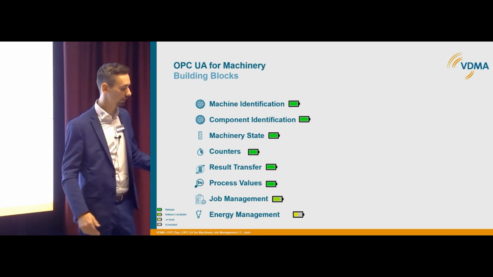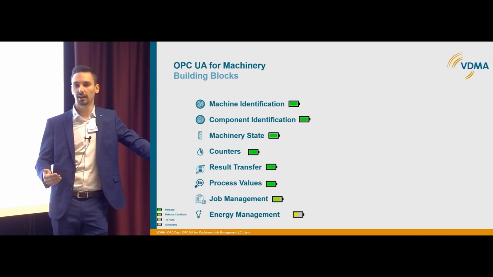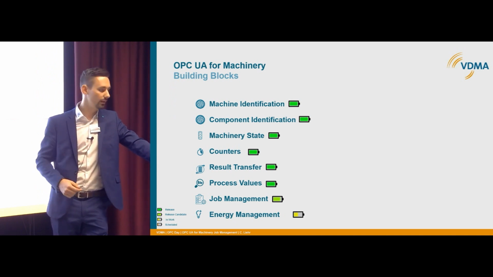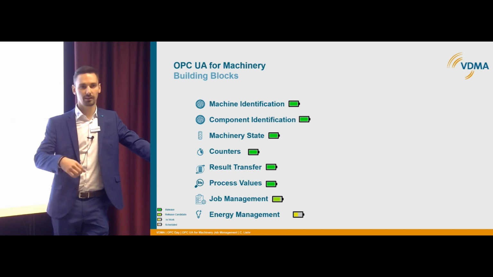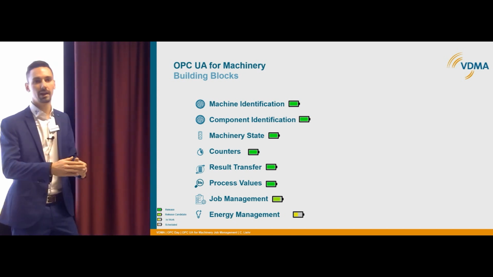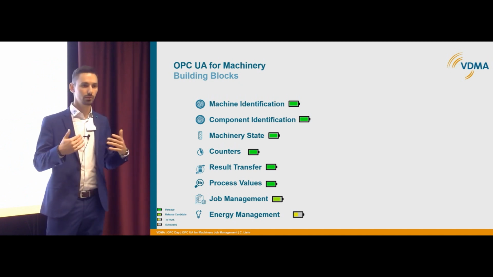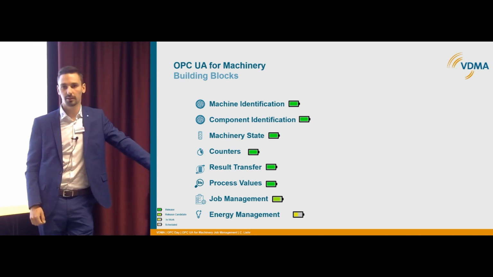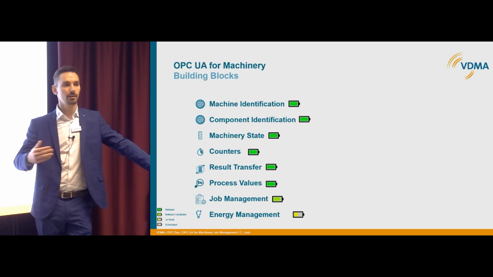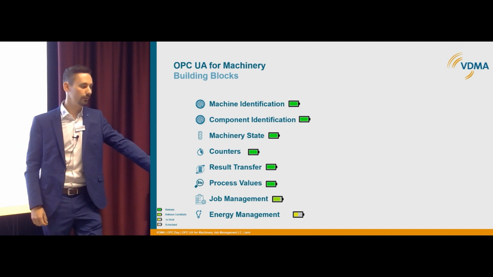To give an example how you can use these machinery state machines to get your KPIs out of your machine or out of your process, we added an example to Annex C of this machinery document. In there, it is explained how you can combine these state machines and information from the upper-lying system to get your KPIs according to the ISO 22400 standard. So it's not another way to get KPIs, it's the official standard 22400 from the ISO.